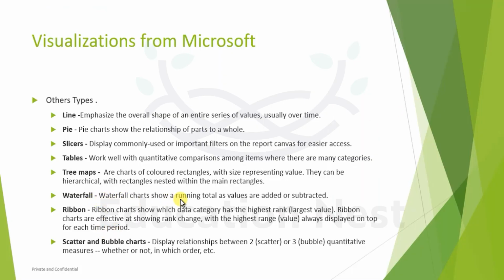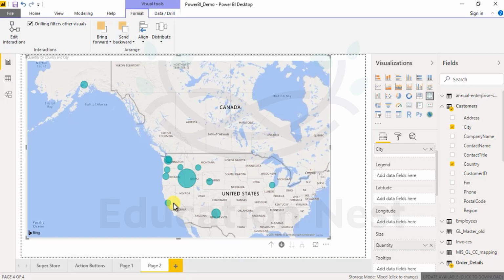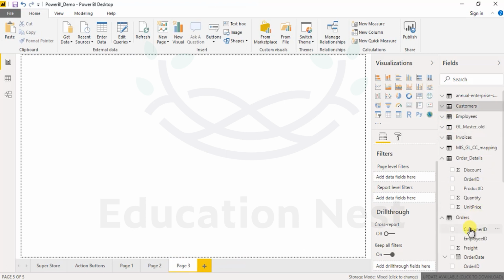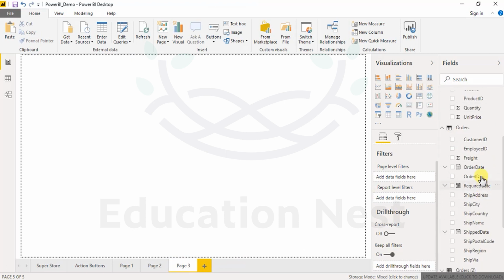Waterfall. Waterfall chart shows a running total as values are added or subtracted. This can probably be used with respect to sales and it would show an incremental value. So let's take a new visual and go into the orders table and try to add a waterfall chart.